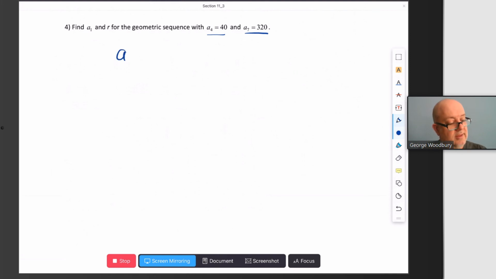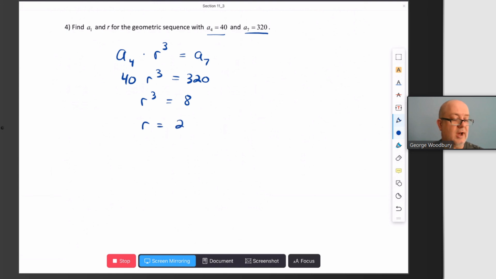So we know that a sub 4 times the common ratio 3 times, or r cubed, equals a sub 7. 40r cubed equals 320. Divide by 40, we get r cubed equals 8. Take the cube root of both sides and we get that r is equal to 2. So we've got the common ratio as 2.